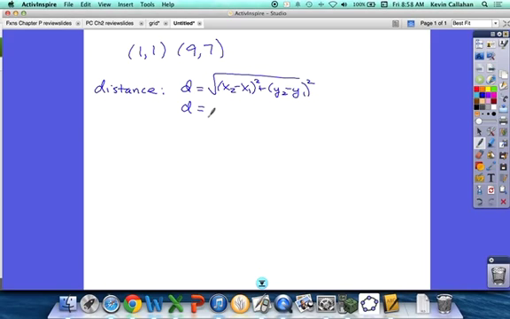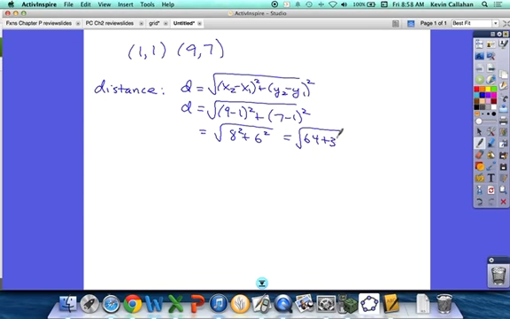And that would be 9 minus 1 squared plus 7 minus 1 squared, which is 8 squared plus 6 squared, which is 64 plus 36, which is the square root of 100, which is 10.